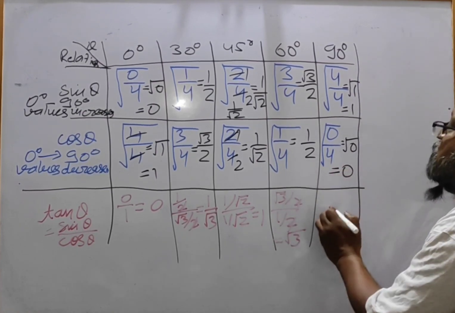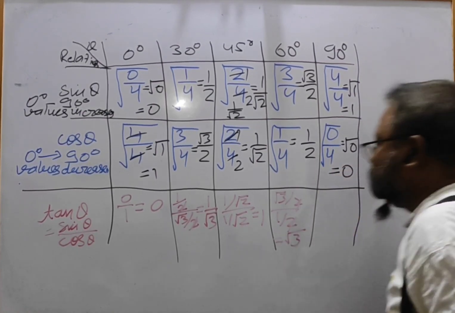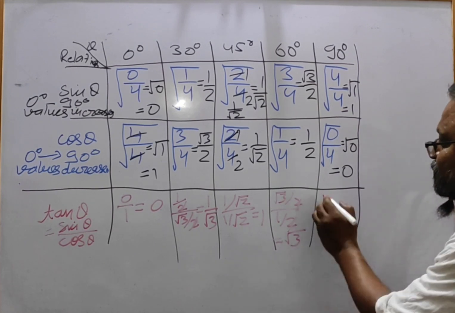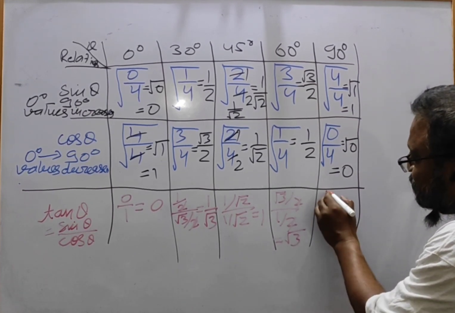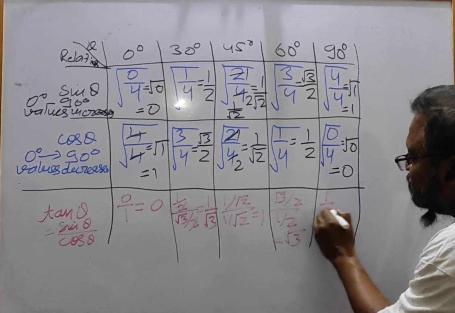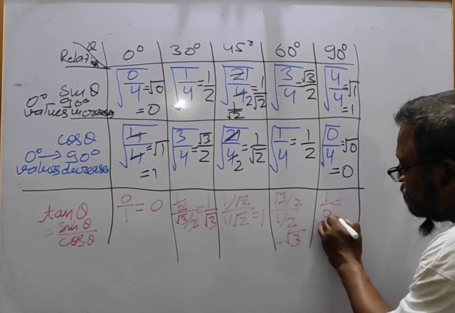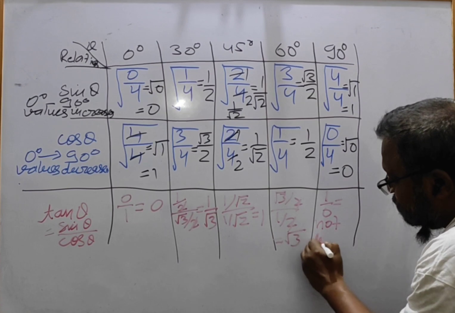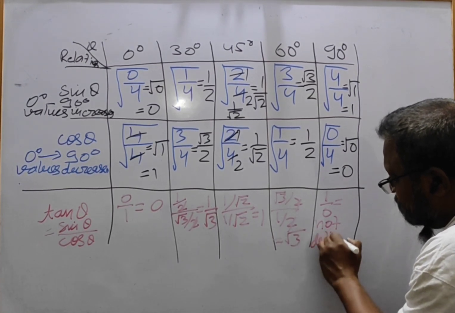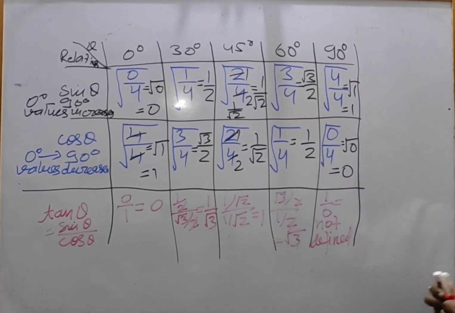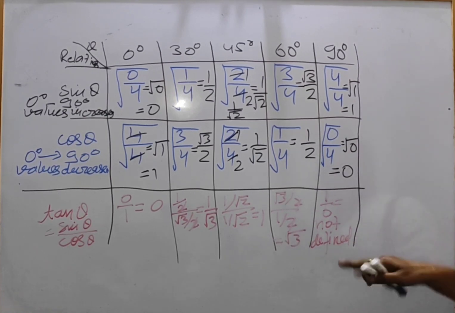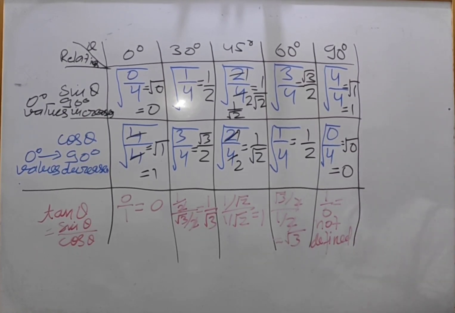And here it is 1 upon 0, it becomes not defined. I hope you understand this. This is the way how we can remember this table for a long time.